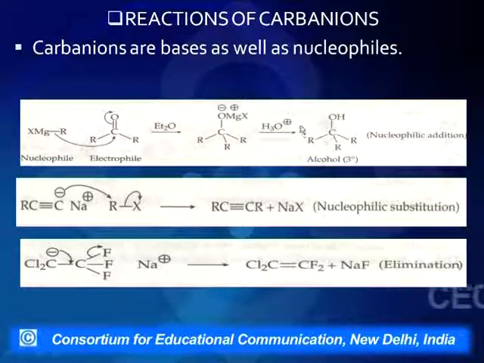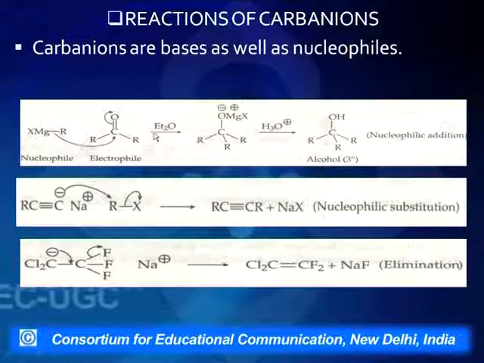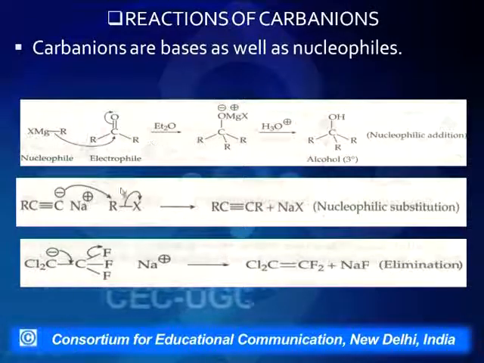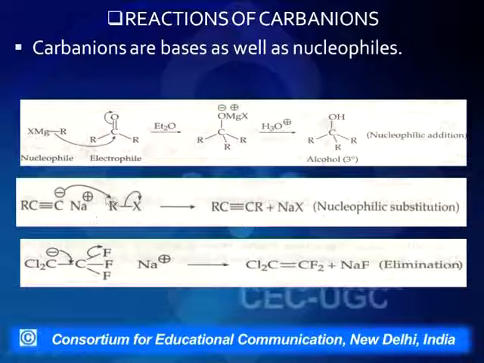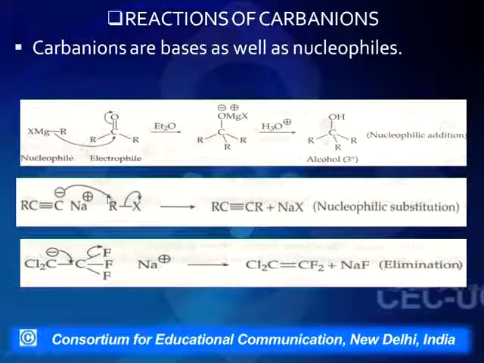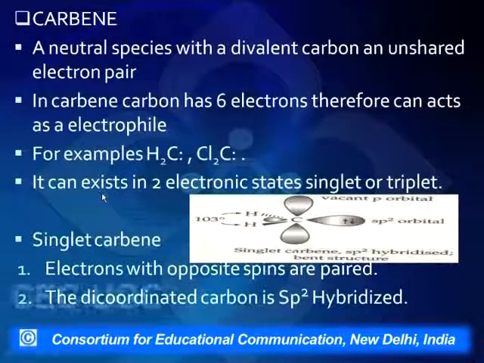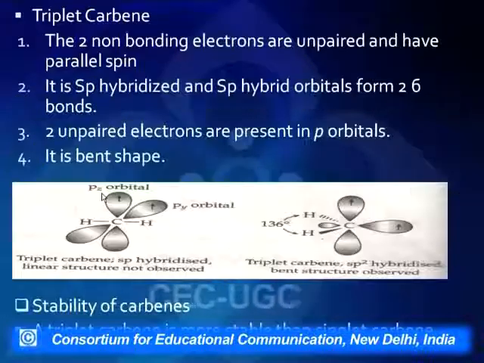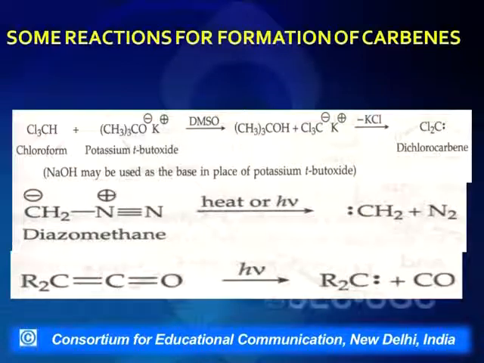This is a very important method for preparation of alcohols having one carbon more than the parent. So, we can convert a ketone into a tertiary alcohol. Similarly, this method is again a step up method, that is, we are preparing a higher alkyne from a lower alkyne.